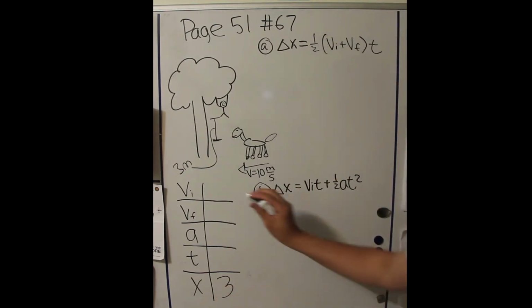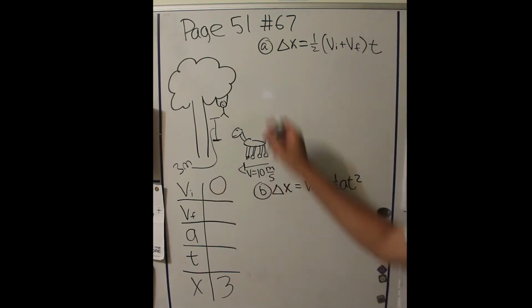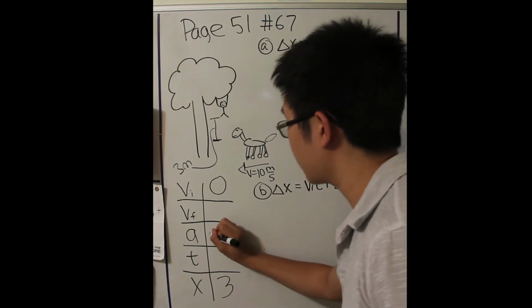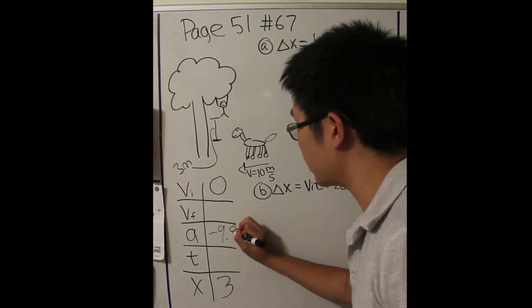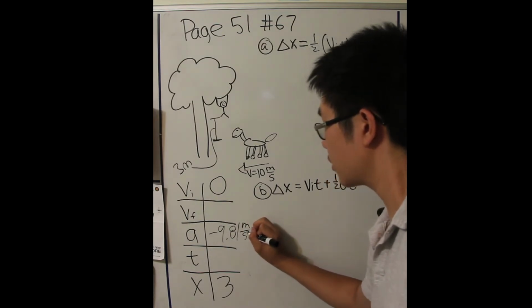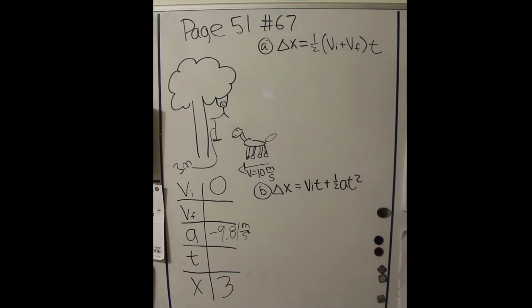We know his initial velocity is 0 because he is dropping from a tree. He is grabbing on and then letting go. And his acceleration will be negative 9.81 meters per second squared. This is the gravitational constant on Earth.